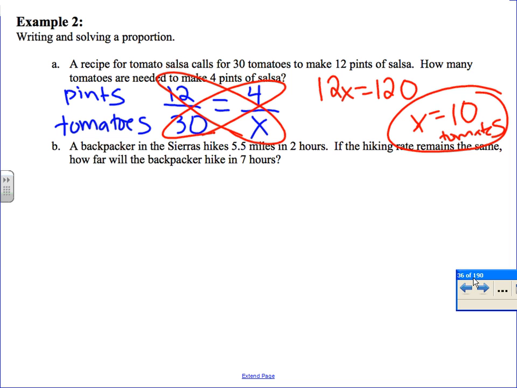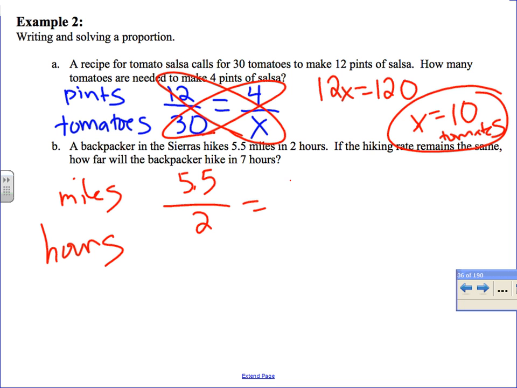Okay, letter B. What two words are they talking about? So let's start with that. Emma H. Good. Miles and hours. Sean, what proportion did you use for letter B? Awesome. 5.5 over 2 equals x over 7. You also could have done 2 over 5.5 equals 7 over x. Regardless, Zach, what did you get for your answer for B?